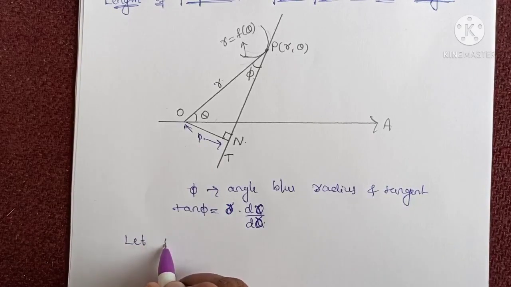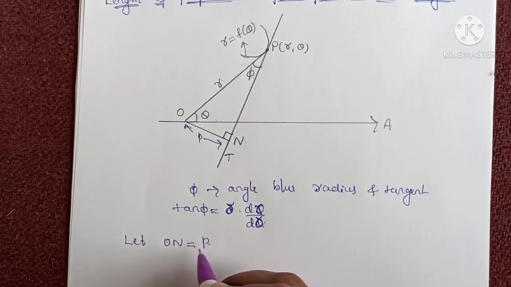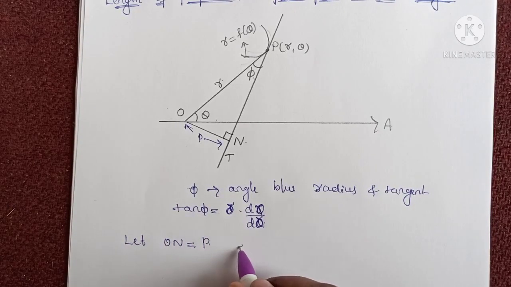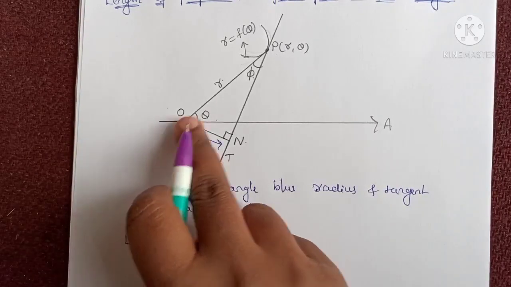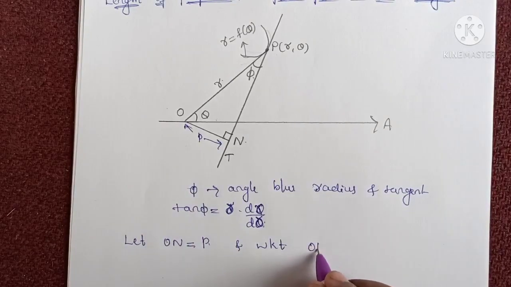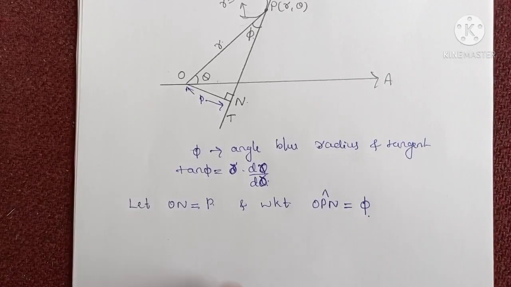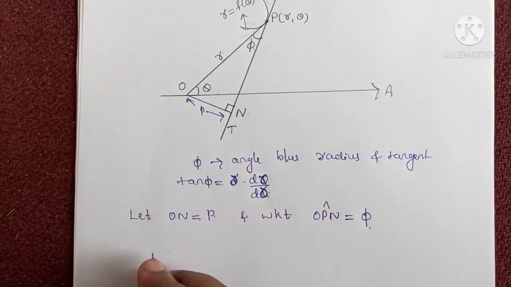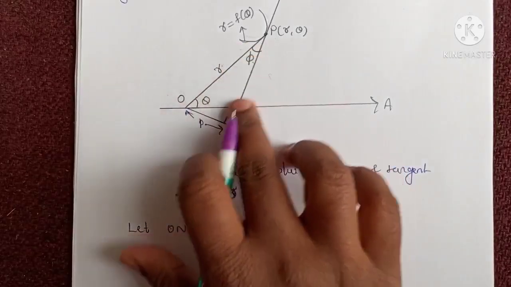Let this length ON be equal to p, and we know that from this angle OPN, this angle is equal to phi. Now we define sin phi in this right angle triangle.